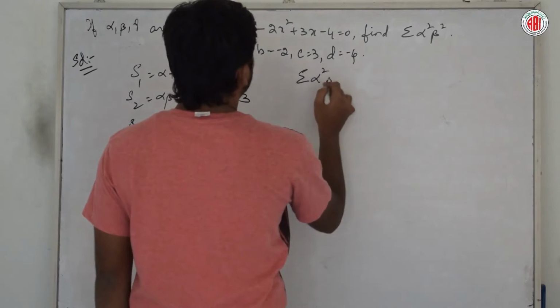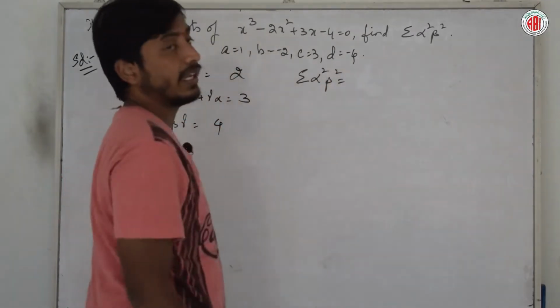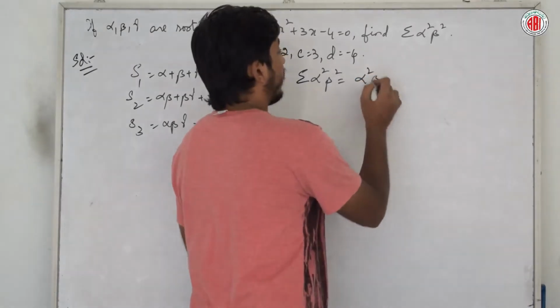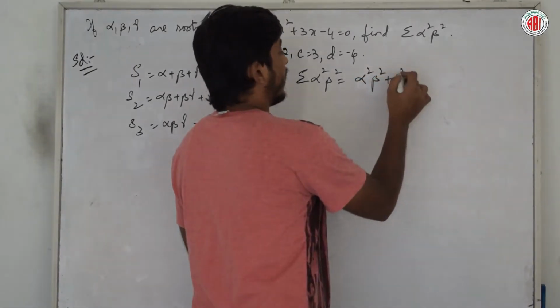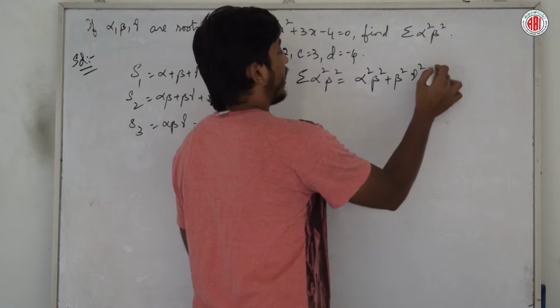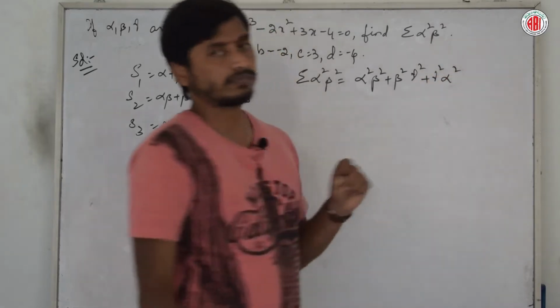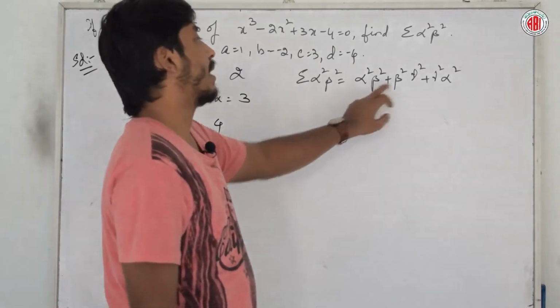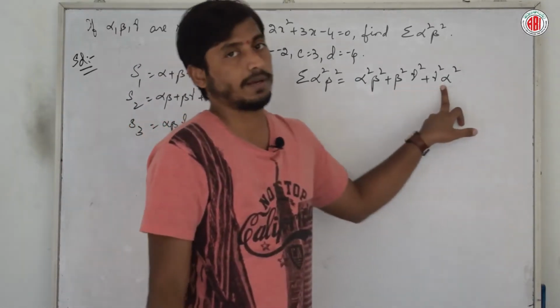Summation alpha square beta square. What does this mean? We have 3 variables, so that will be alpha square beta square, beta square gamma square and gamma square alpha square. So this is like a square plus b square plus c square.